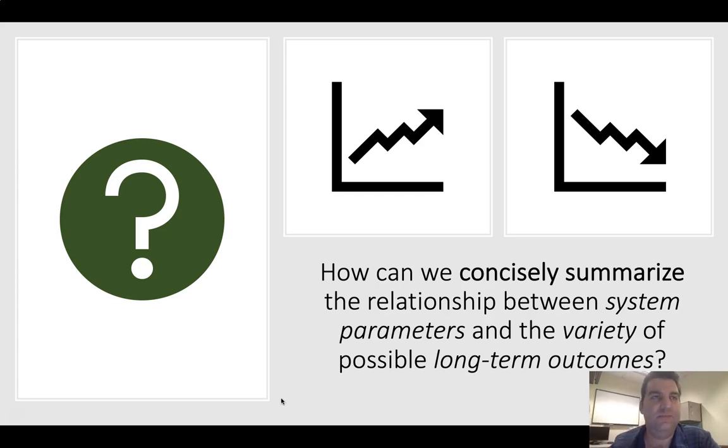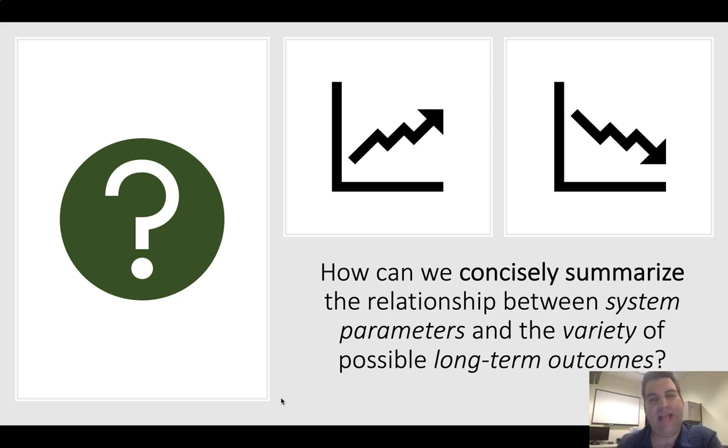And so with that, we really often are asked to summarize what is the relationship between a parameter and how something behaves in the long run, not the short run.